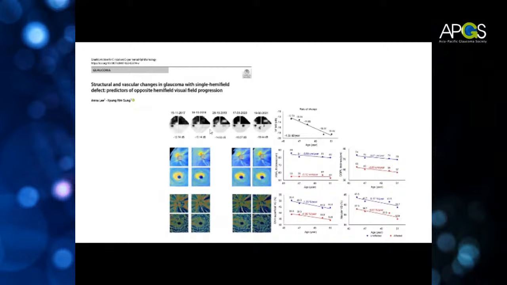When we tested the progression detection capability in the opposite unaffected hemifield, in those single hemifield defective patients, ONH superficial vessel density and macular vessel density performed better than the RNFL thickness change.